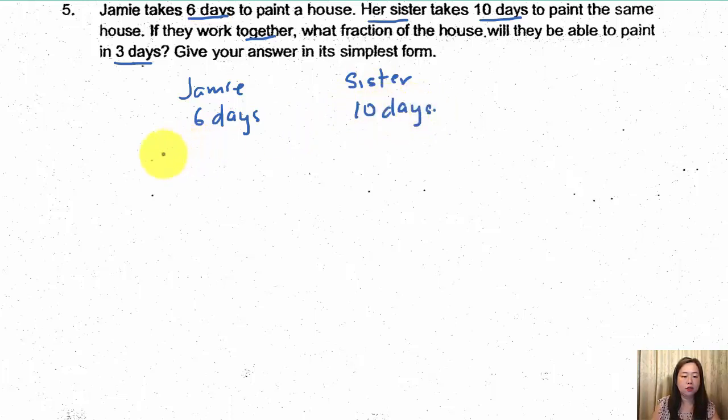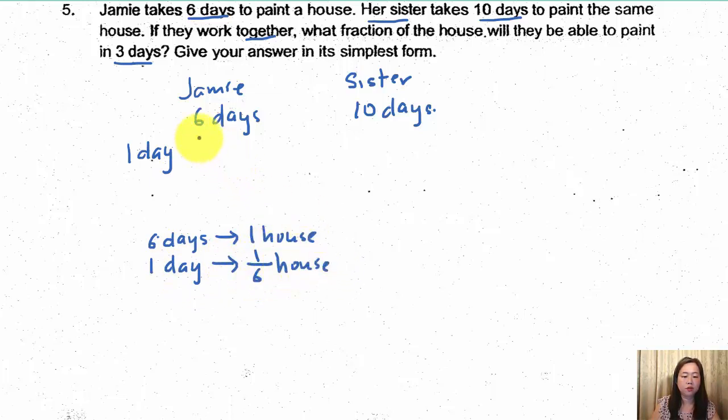So let's think about for every day, 1 day. What is the fraction of the house that Jamie can complete painting? It will be 6 days for painting one house. So 1 day we will be able to paint 1/6 of the house.